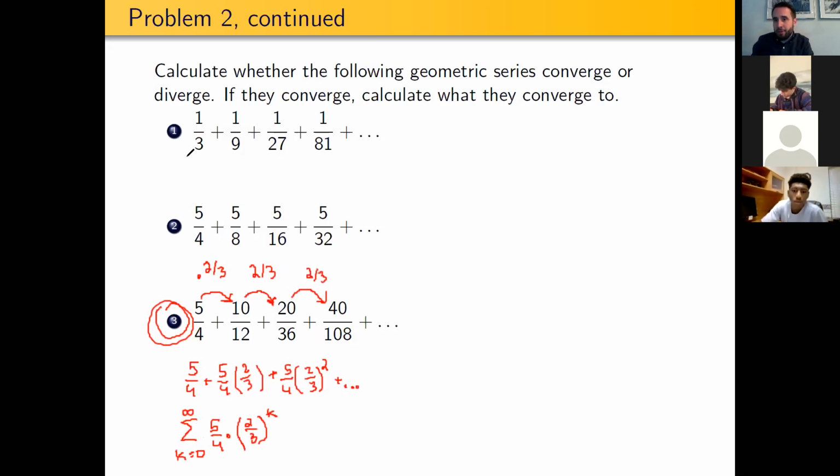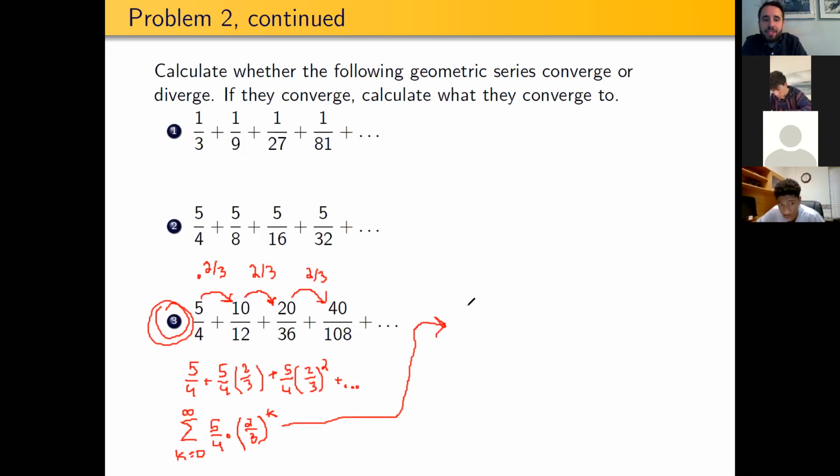Where every single additional term we multiply by an additional factor of 2/3. So we have this initial step where we have to recognize that this is a geometric series and figure out how to express it as such. But at this point, it becomes just the same as our previous problems.